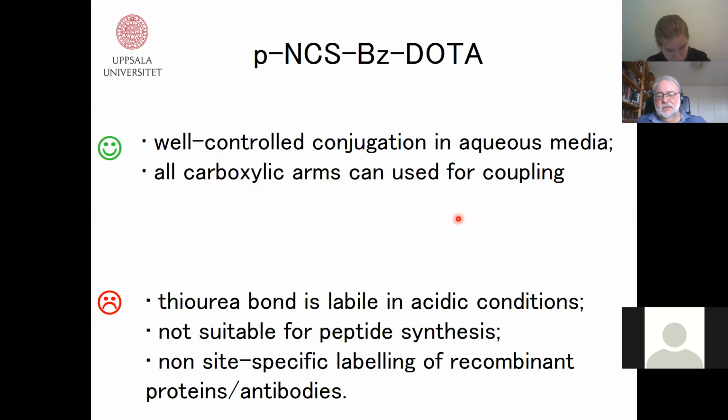So it's more suitable for coupling in solution rather than coupling during peptide synthesis. And again, there is the same disadvantage as with succinimidyl ester: no specificity.